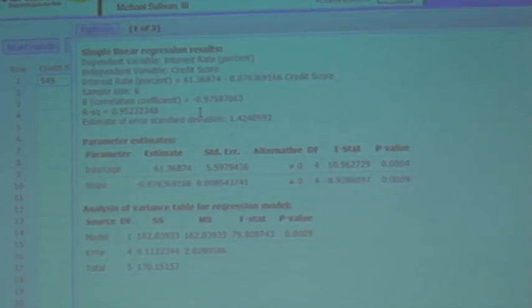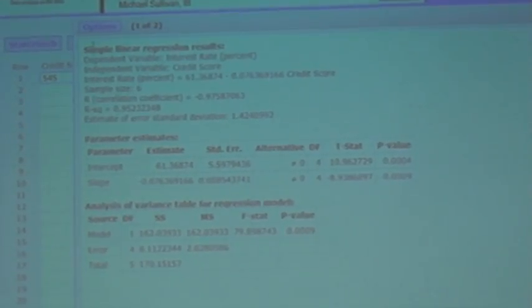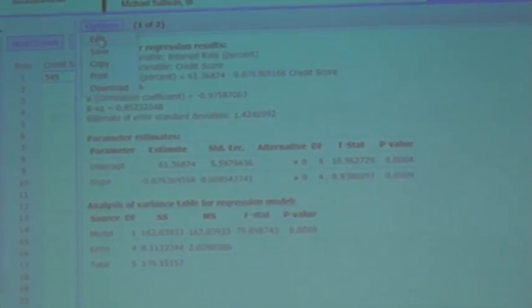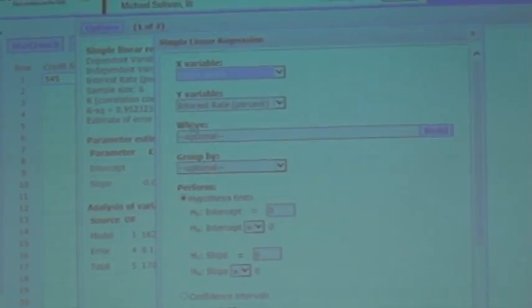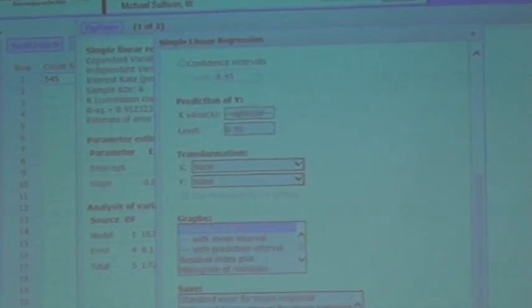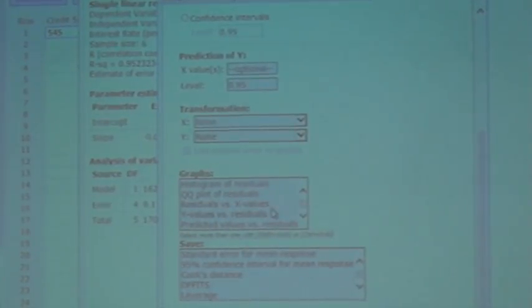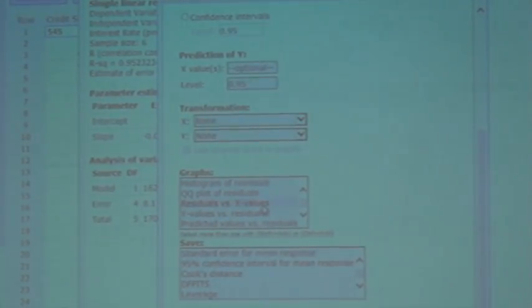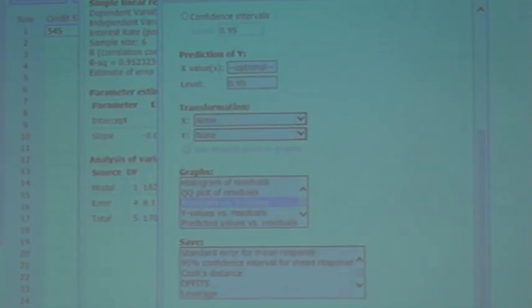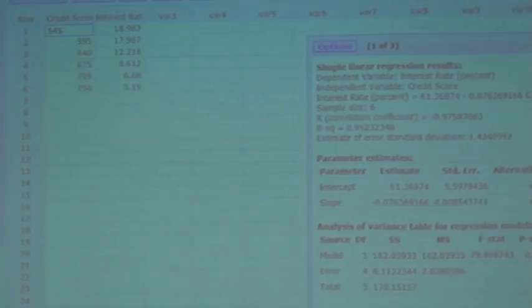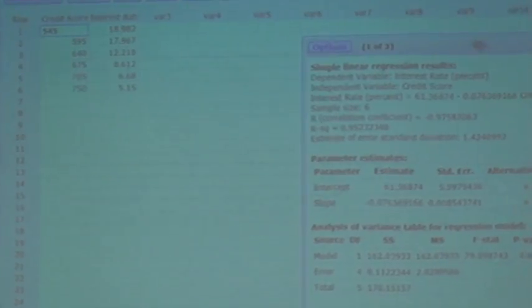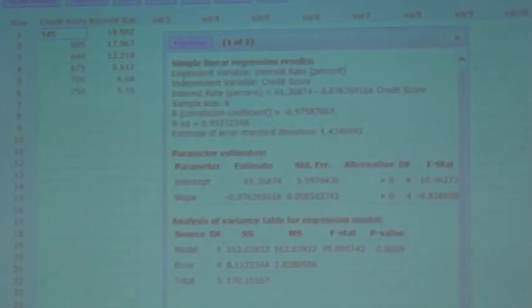Okay, so residual plot, if you want to go back into options and edit, you would go down to where it says graphs and scroll down where it says residuals versus x values. And compute. It's going to give us our output back, but the arrow at the bottom of the output will take us over to the residual plot.